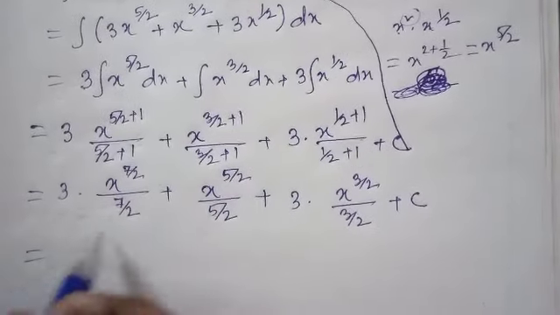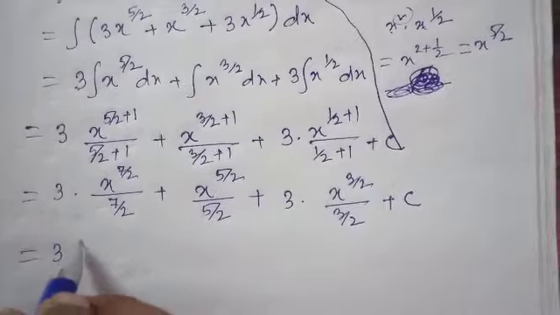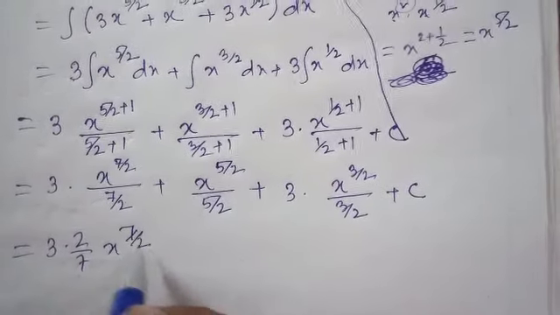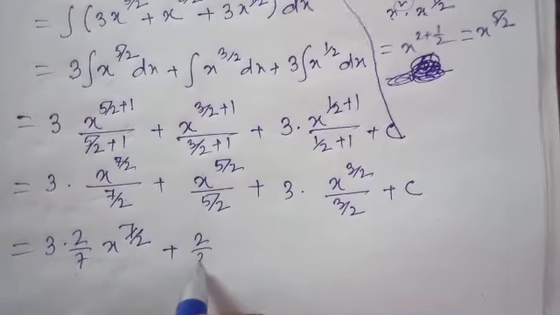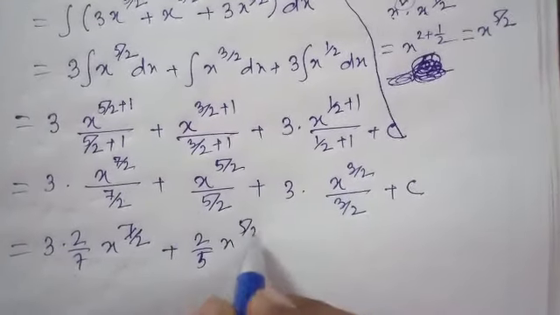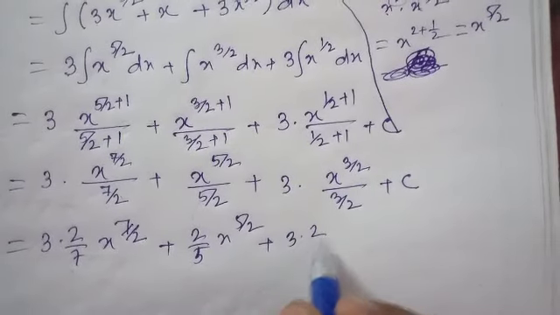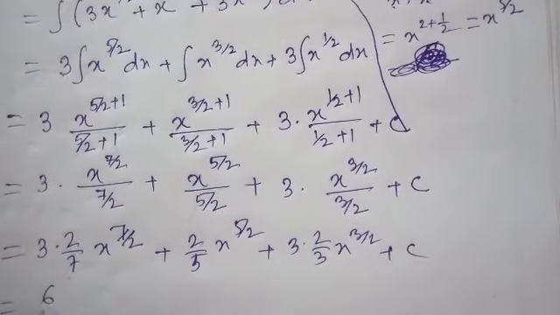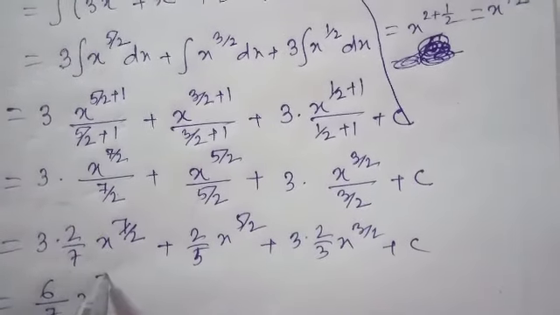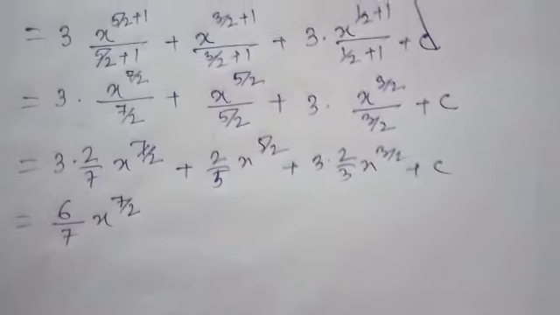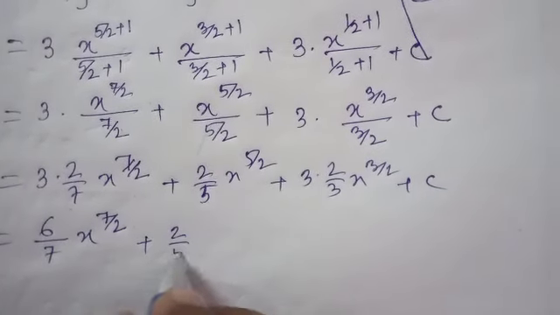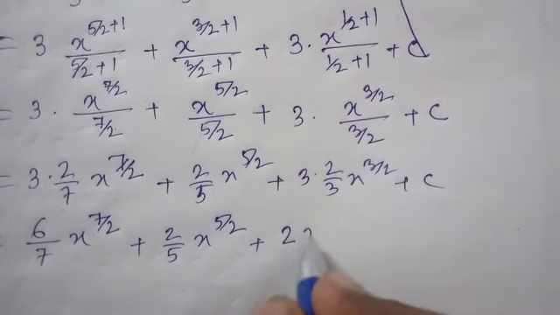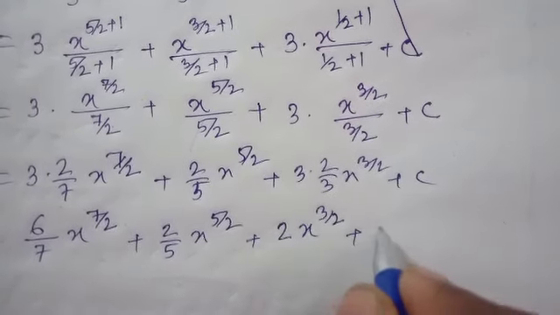Here in denominator 7 by 2, that means 3 into 2 by 7 x to the power 7 by 2, plus 2 by 5 x to the power 5 by 2, plus 3 into 2 by 3 x to the power 3 by 2. As you simplify it, 6 by 7 x to the power 7 by 2 plus 2 by 5 x to the power 5 by 2 plus, 3 cancels out, 2 into x to the power 3 by 2, plus c.